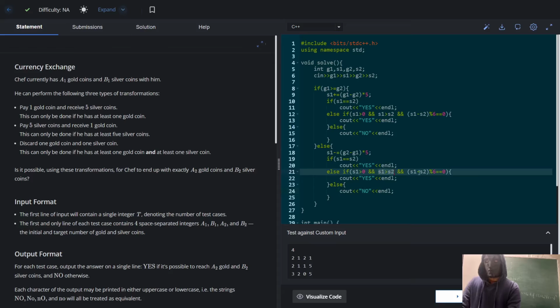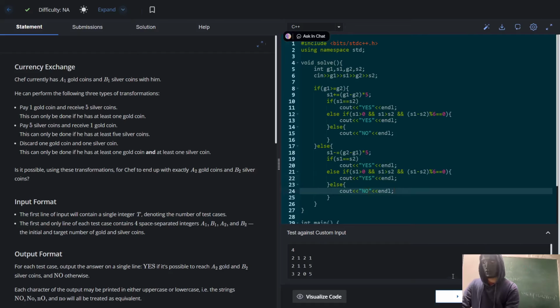In that case we'll have to check whatever final silver coin you want and whatever you have, if the subtraction of that is a multiple of 6, then you will be using the discard operation, so you'll print yes. And why S1 greater than 0 is that it may happen that S1 goes below 0, so in that case also it is not possible, which I showed on the board, third case.